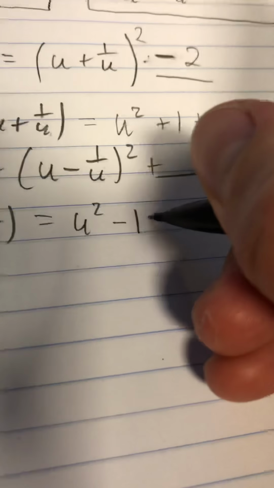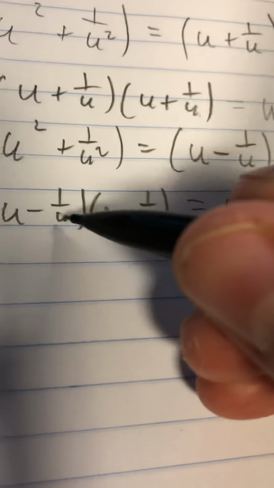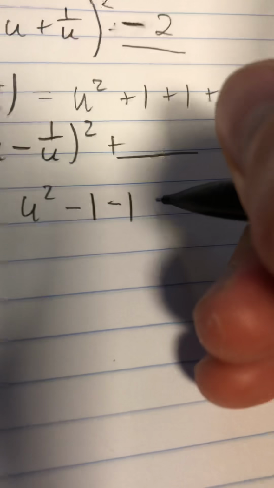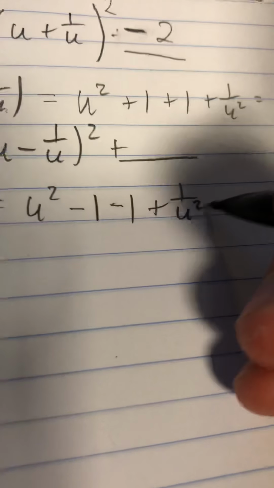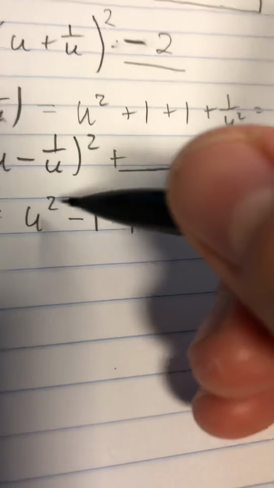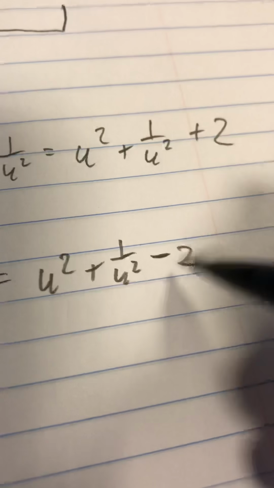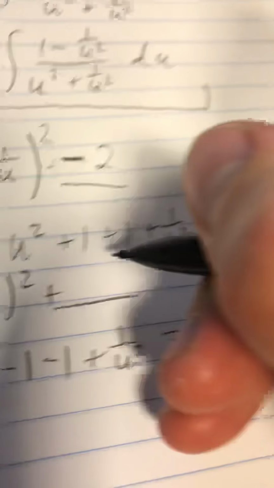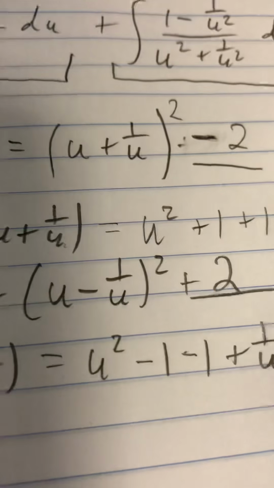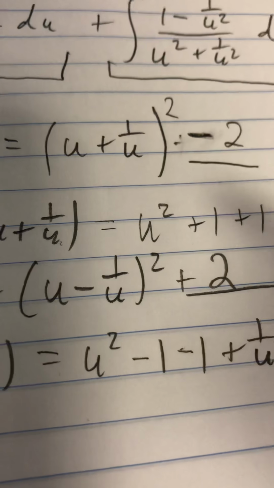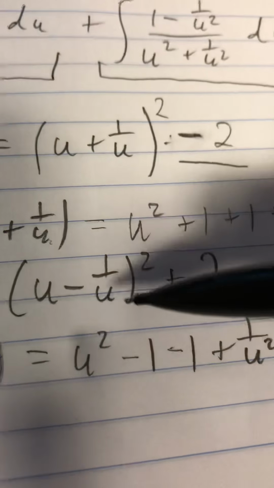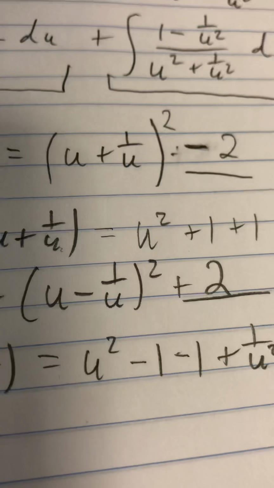U times negative 1 over u is again negative 1. And negative 1 over u times negative 1 over u is positive 1 over u squared. So once again, I have u squared plus 1 over u squared, and this time I have minus 2. So this is equal to what I have here, minus 2. So if I want to get equivalency, that means I have to add 2. So I have 2 ways right here to express this, completing the square.